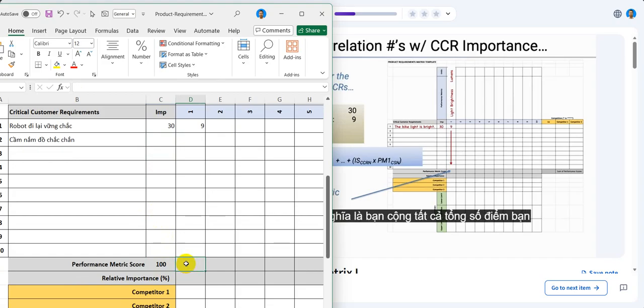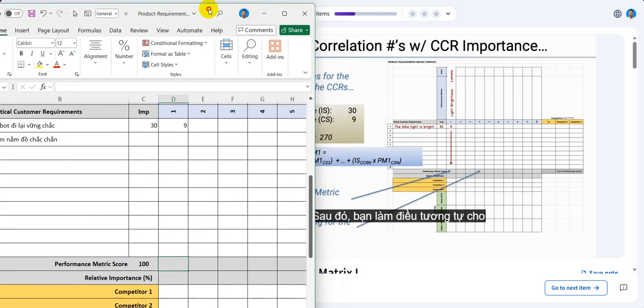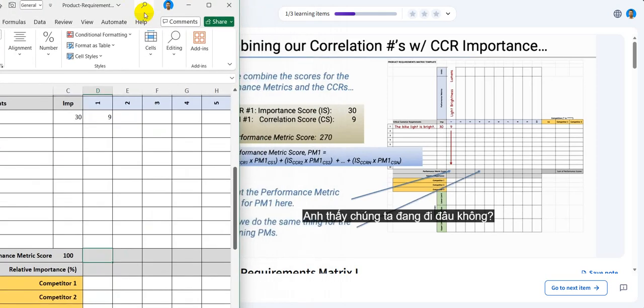And that means you add up all the total scores you came up with for performance metric number 1. Then you do the same thing for all the other performance metrics. So you see where we're going here?